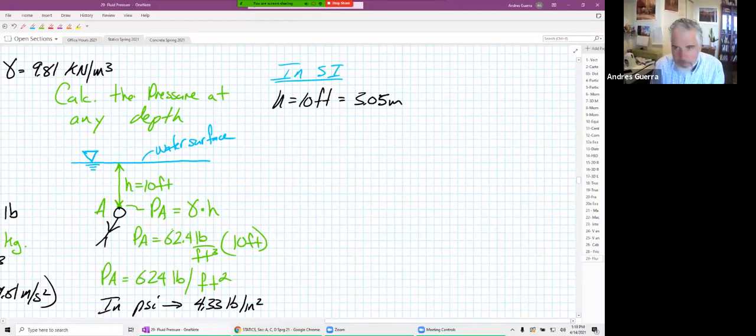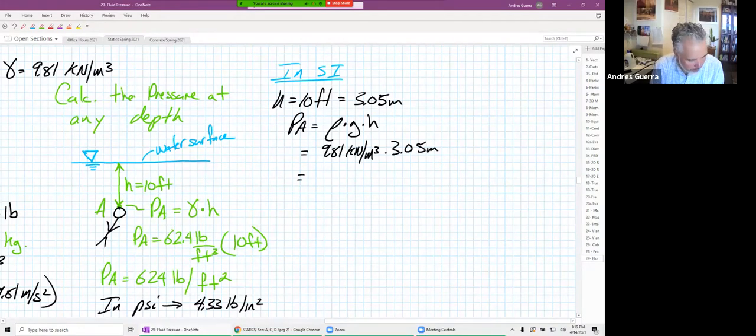And our pressure at A in SI will be rho times g times h. Well, we know that rho times g is 9.81 kilonewtons per cubic meter, h is 3.05 meters, and so we're going to end up with a value of 29.92 kilonewtons per square meter.